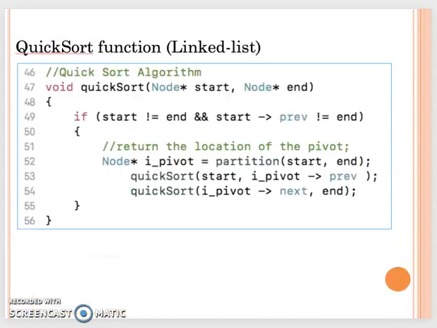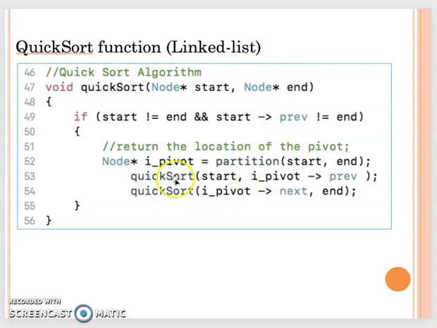That's the QuickSort for the linked list version. When you give it the start and the end, we have our base case to stop the recursion.